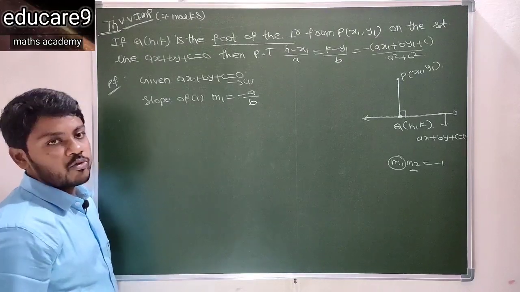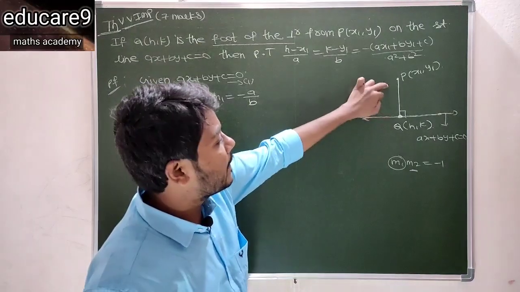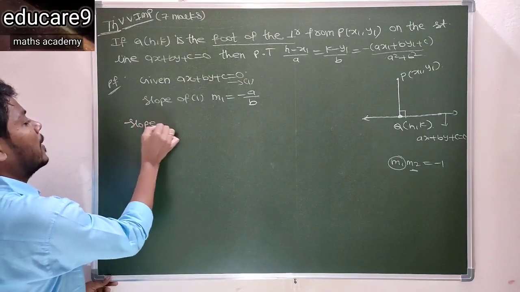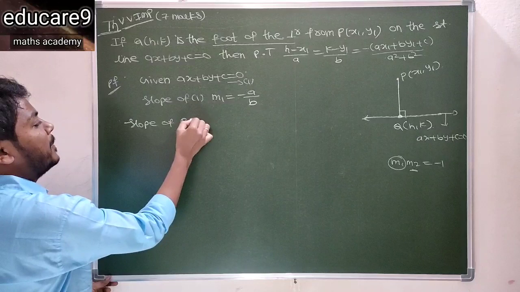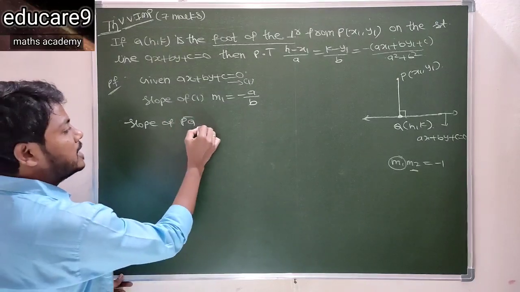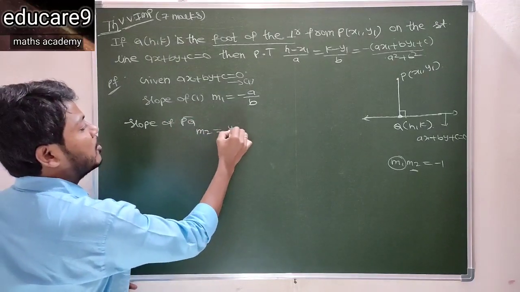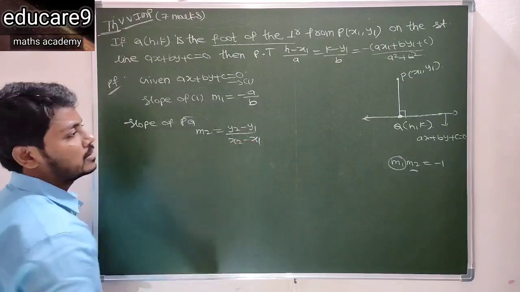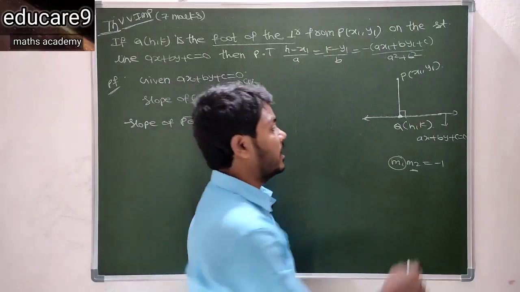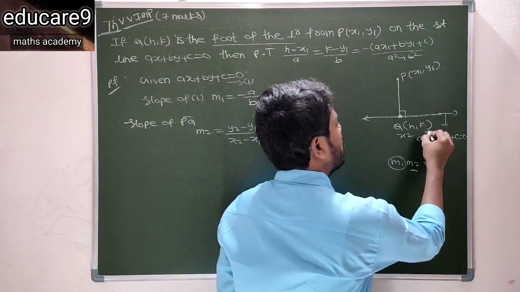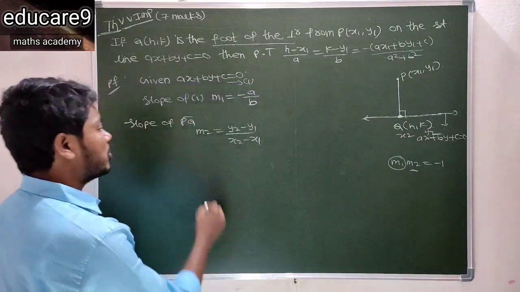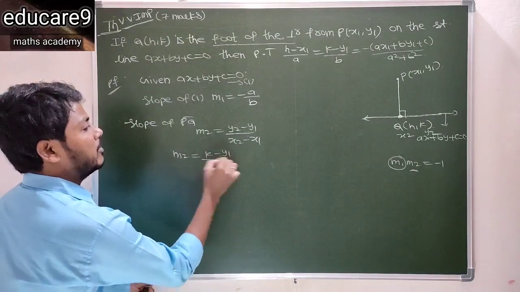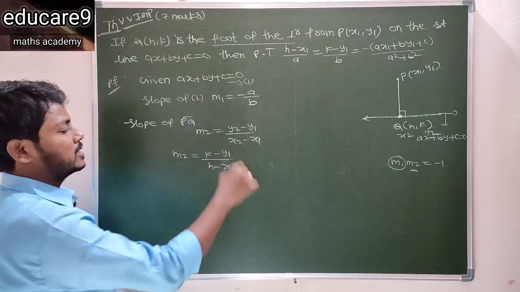So next, find the slope of this line PQ. So slope of PQ, that is m2. What is that formula? y2 minus y1 by x2 minus x1. So this is x1 y1 and this is x2 y2. So clearly m2 equals k minus y1 by h minus x1.